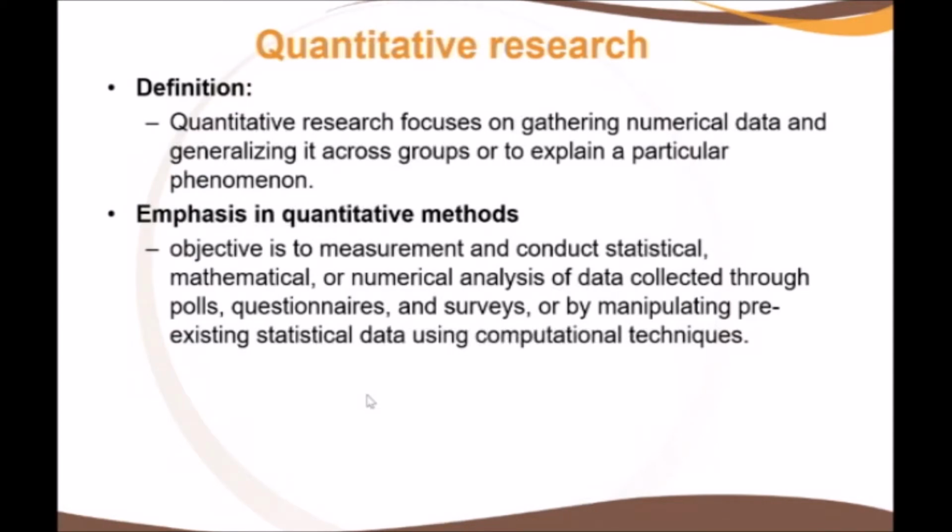So the emphasis in quantitative methods is to carry out measurements and conduct a statistical or mathematical or numerical analysis of data, which we collect through polls, questionnaires, surveys, or by manipulating pre-existing statistical data using computational techniques. So in brief, quantitative research method is basically about manipulating numbers and to make generalizations about groups or to explain any phenomena that you're investigating.